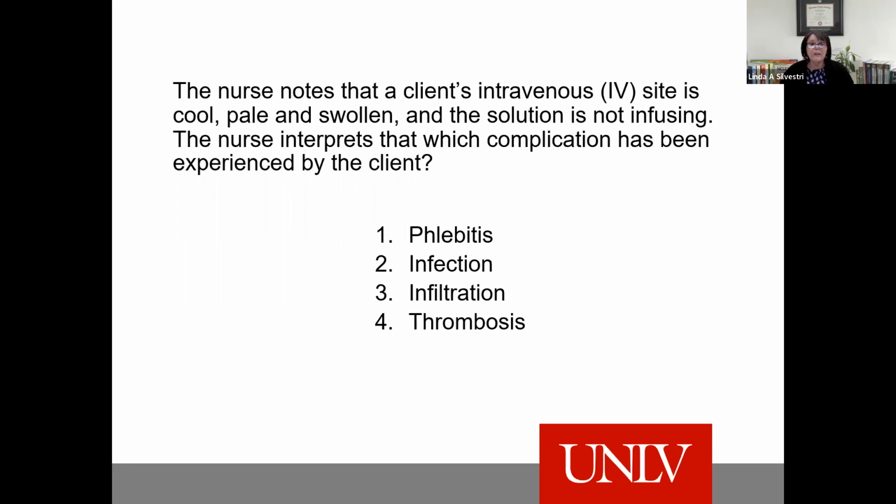And with phlebitis and thrombosis, we need to let the physician know about that. Okay, so those are just some things to look at, and know what you would do if those things happened. And in the book, there is a chapter on IV solutions, and it will give you all of these complications and tell you what you need to do as a nurse if they occurred. And their signs and symptoms are there. Okay, let's see what we have next.